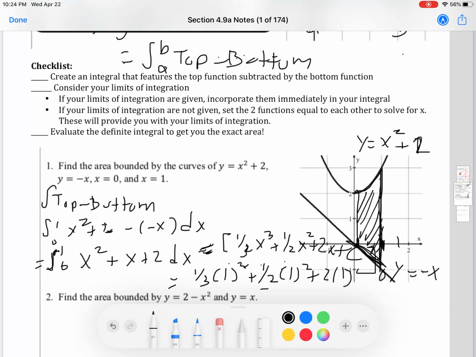It's not required. So we get 0.33 plus 0.5 plus 2. So that gives us about 2.88, and that gives us the exact area.